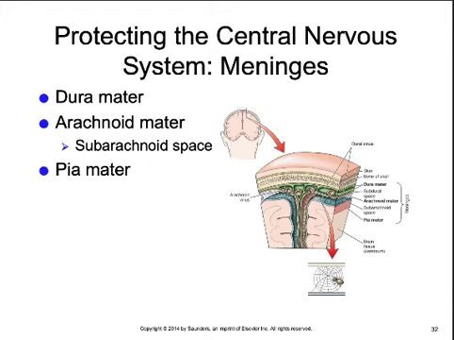What you're looking at here is just a diagram of the membranes that protect the central nervous system, and they are, from superficial to deep: the dura mater, the arachnoid mater, and the pia mater.